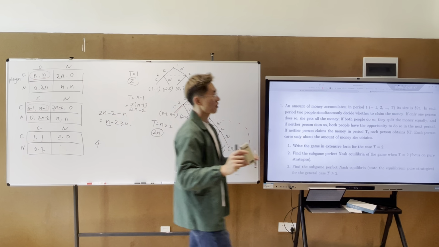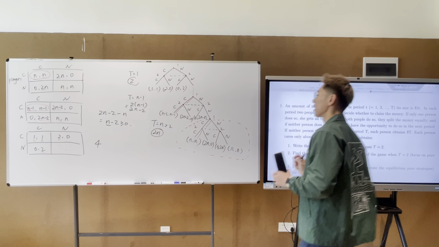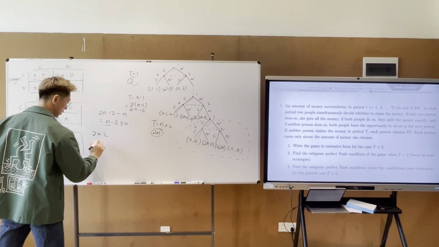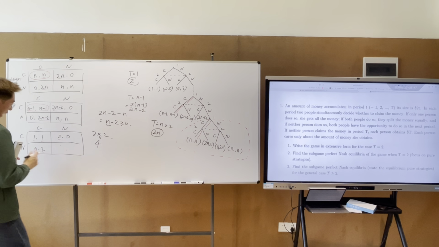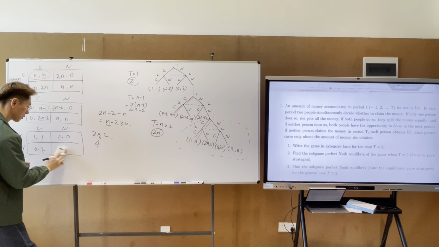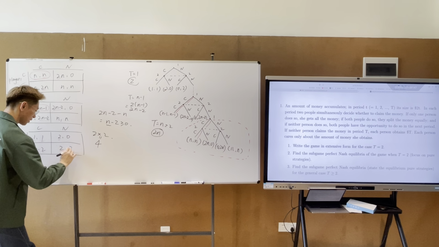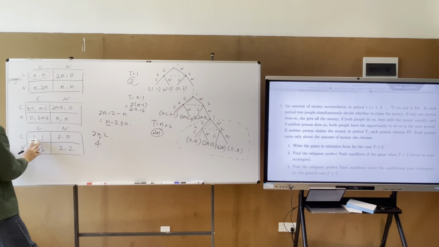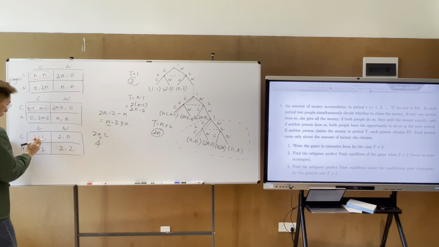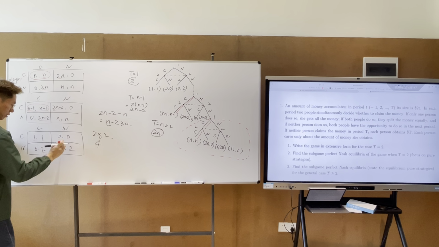Remember, the total sum of money is 2 times t, and t now equals 2, so this is 2 times 2. They are dividing $4, and that's why each of them is getting $2. Sorry. Okay, let's do it again. So 1 is still better than 0, 2, 2, and 1 is better than 0, and here 2, 2.